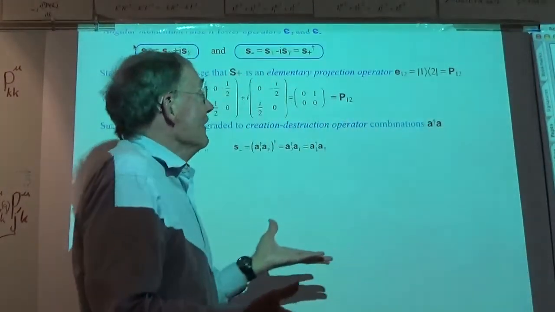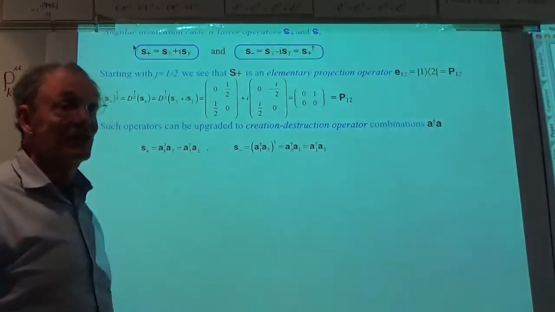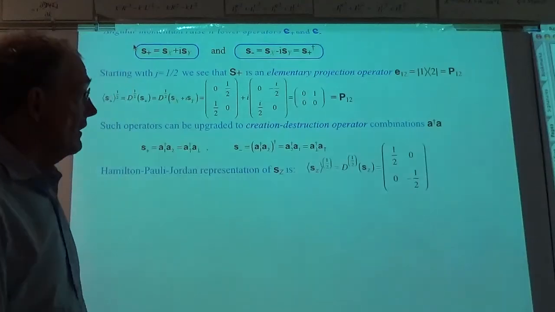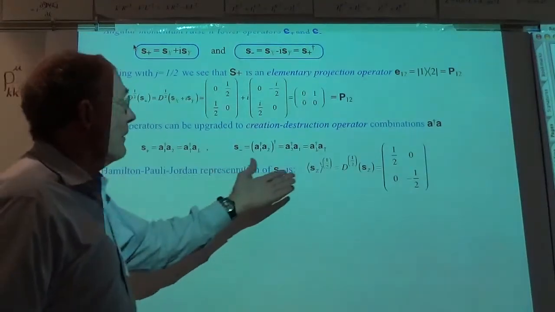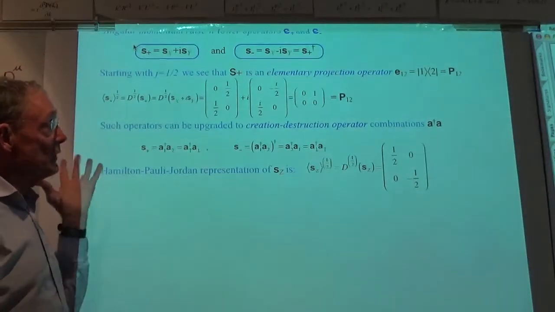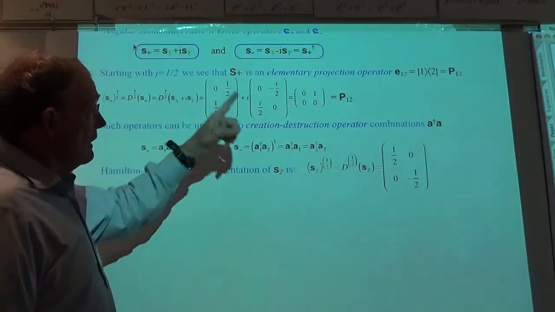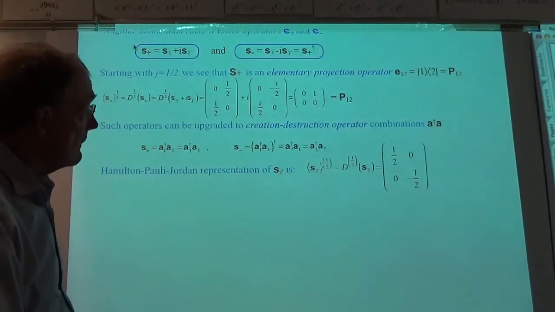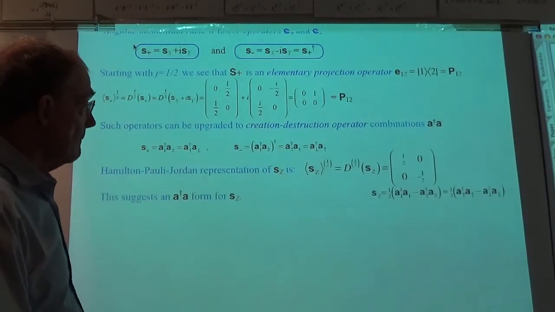Here they are. So it makes a lot of sense. Now, the Z part, that's what we've always had. And so there you are. That's all there is to angular momentum raising and lowering operators. But we'll carry it through here.